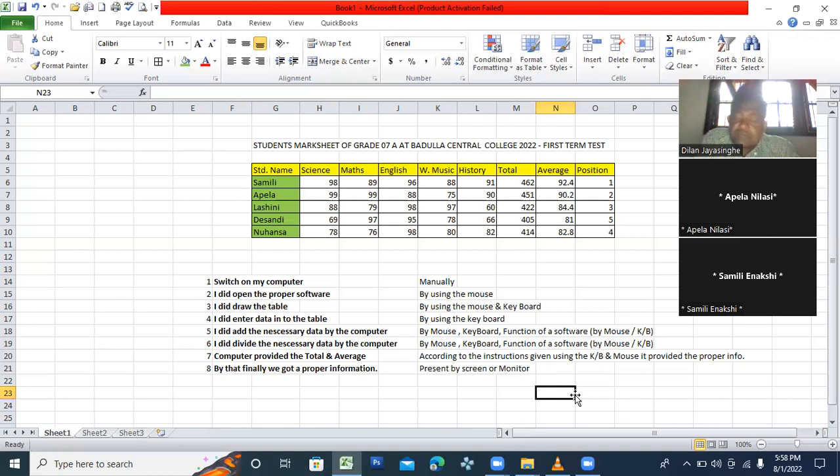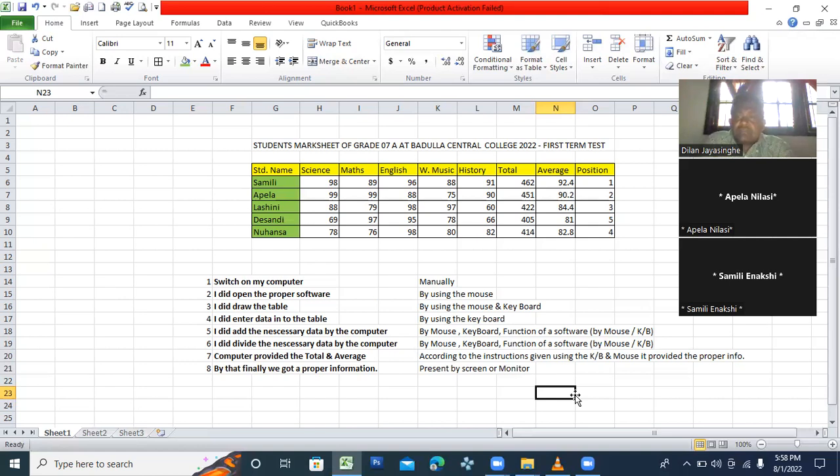Yes, sir. Right. Keep in mind, in each and every task that we are doing by the computer, what we have to do is we have to enter data, we have to enter instructions into the computer.